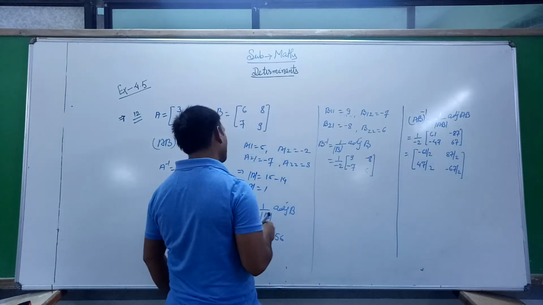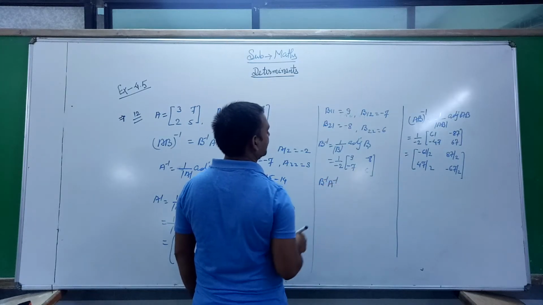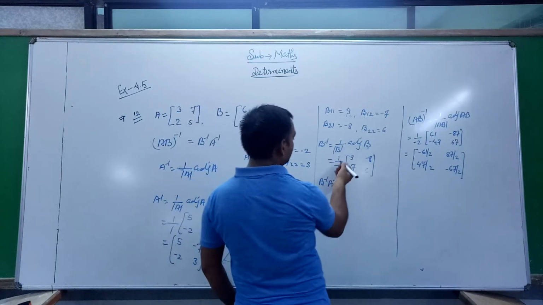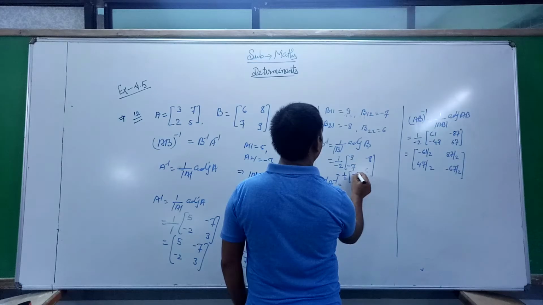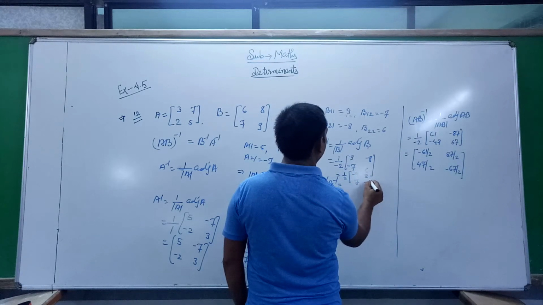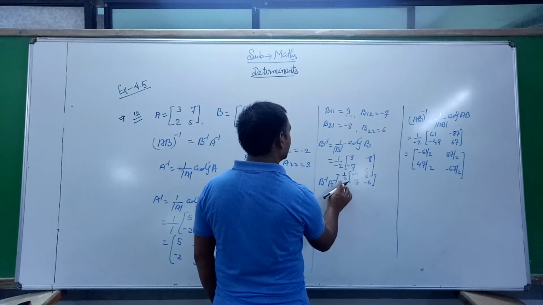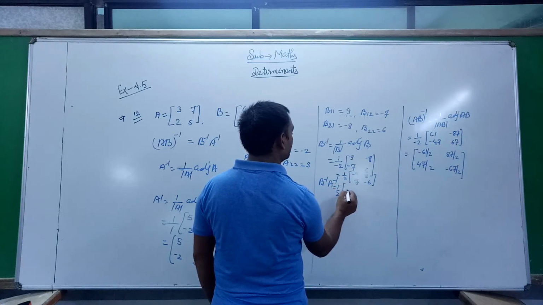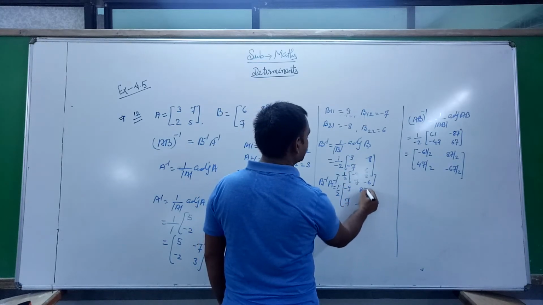After that you find the value of B inverse and A inverse. First I remove the sign, so this is equal to 1 by 2 and the bracket -9, 7, 8, minus 6. Then B inverse is equal to 1 by 2 times -9, 7, 8, minus 6.